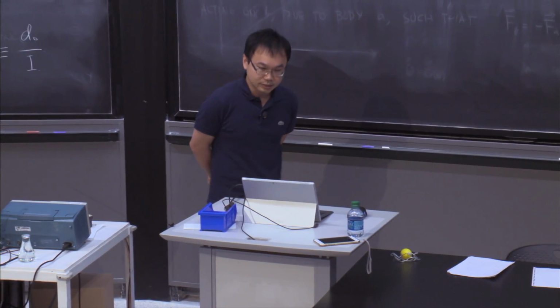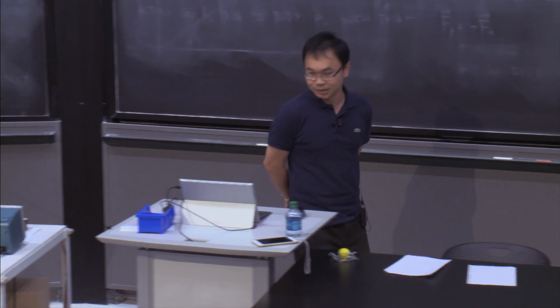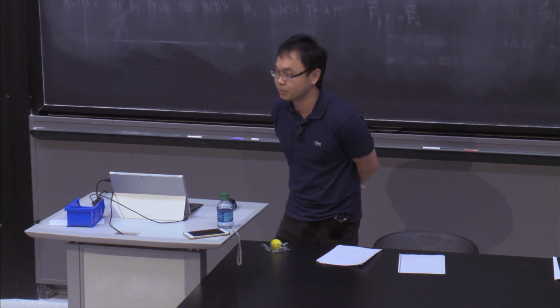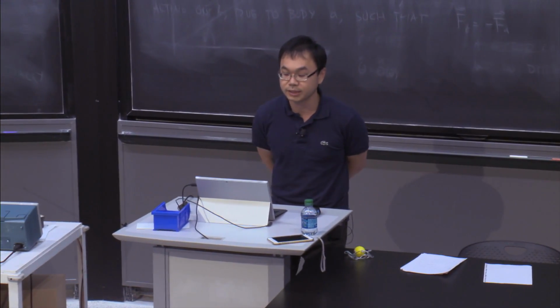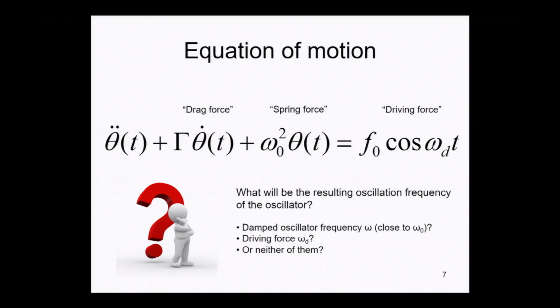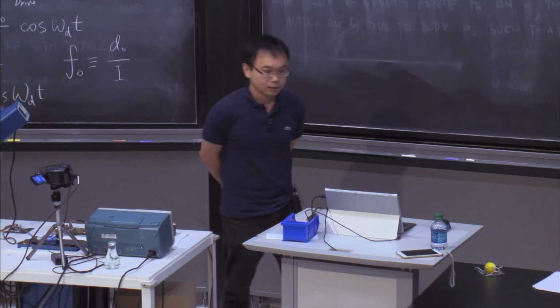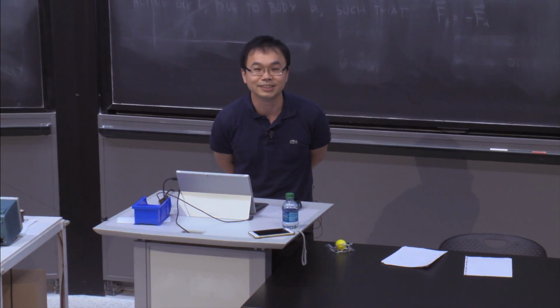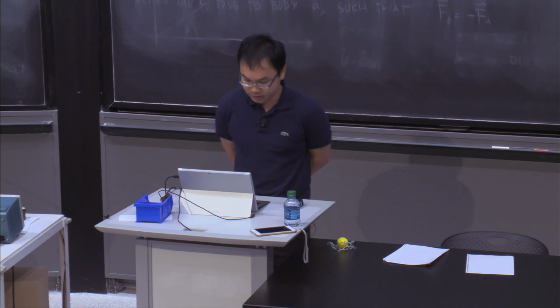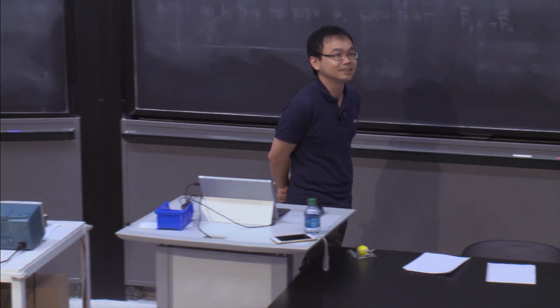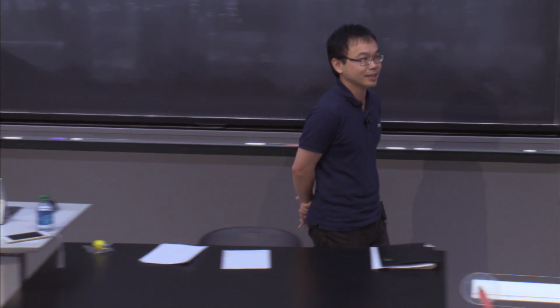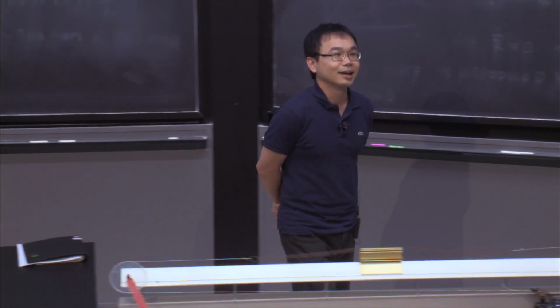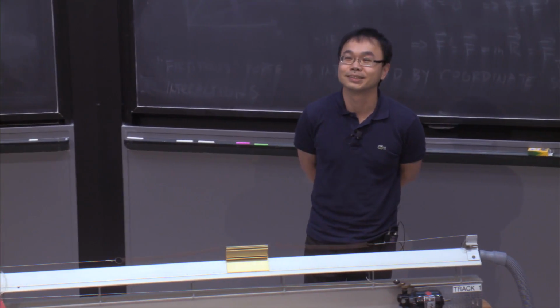Will this system follow the original damped oscillator frequency, omega, which is close to omega 0? Or will this system follow the driving force frequency? Or maybe this system chooses to do something in between. We don't know what is going to happen.